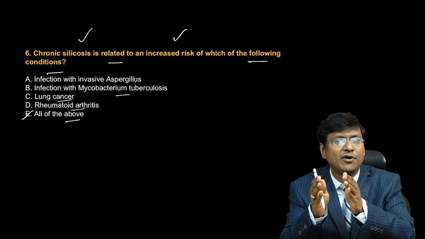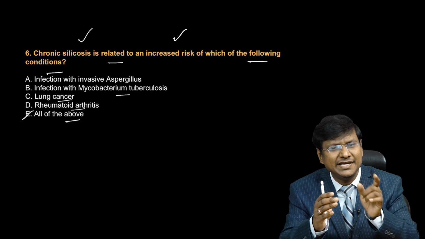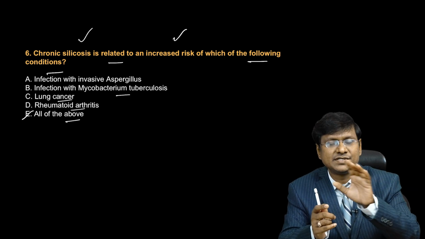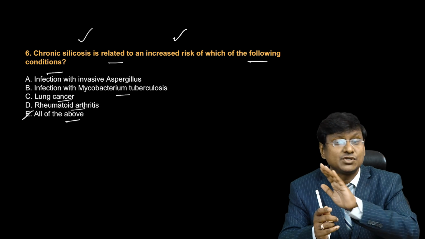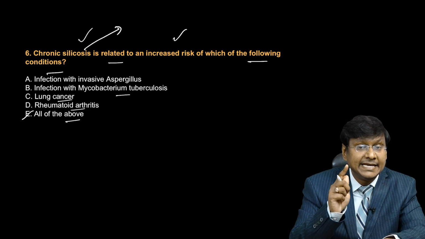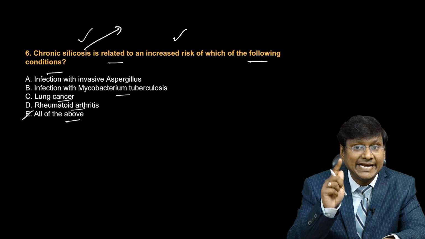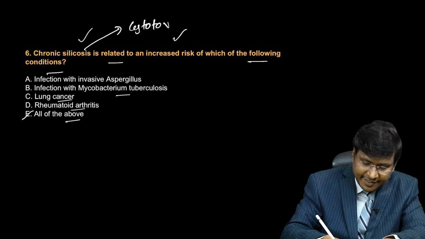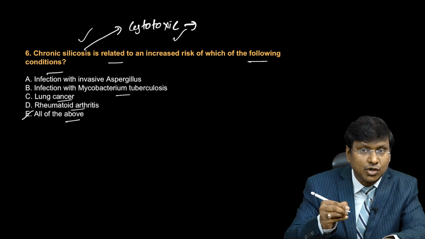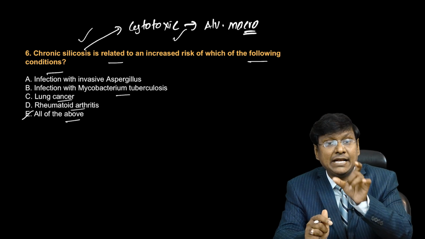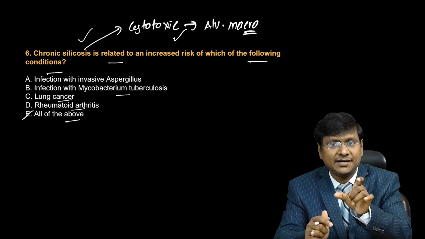The chronic form of silicosis has been associated with increased risk of a variety of diseases. This particular silica is known to be cytotoxic to the alveolar macrophages, right?